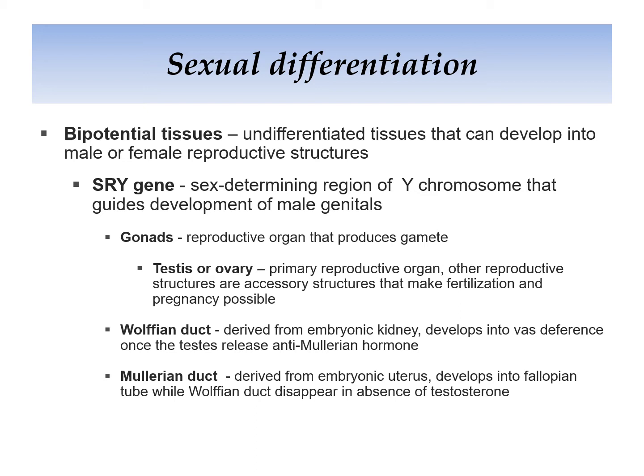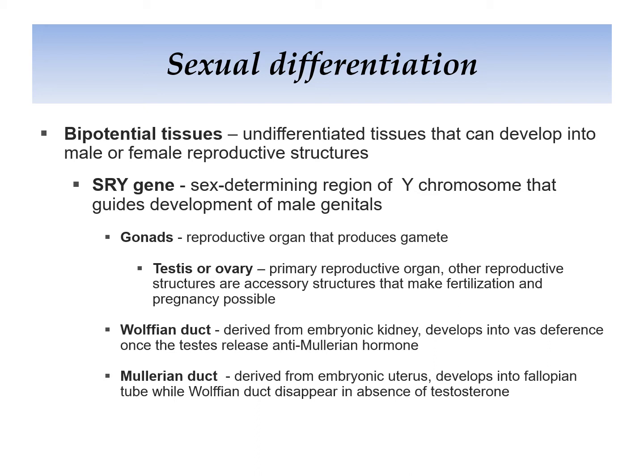So when we talk about the sexual organs during the embryogenic stage, so basically as you are developing, and especially in the first 6 weeks of existence after fertilization, your reproductive tissues are bipotential, which means they can develop into either male or female reproductive structures.